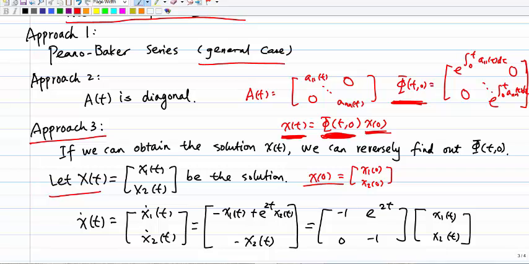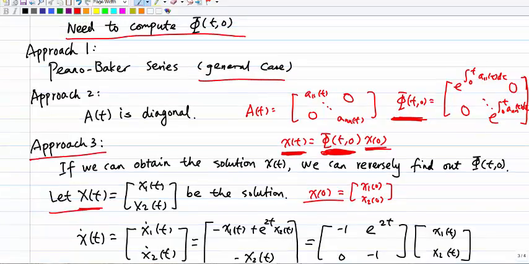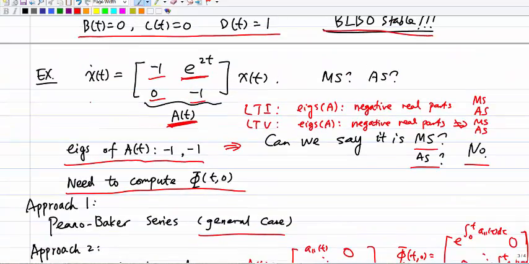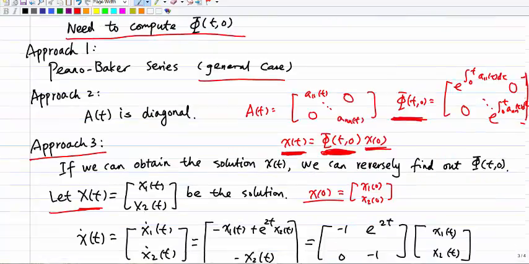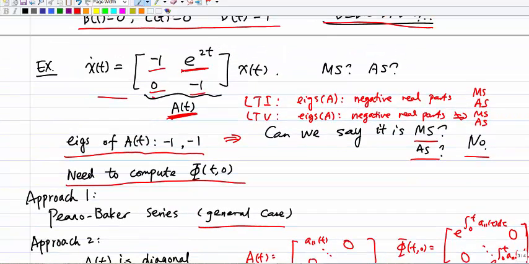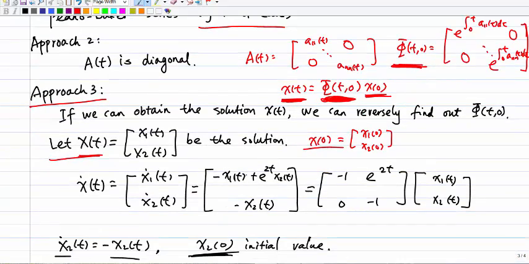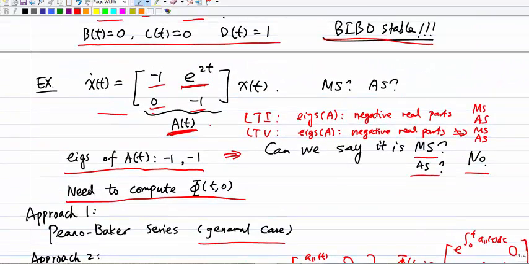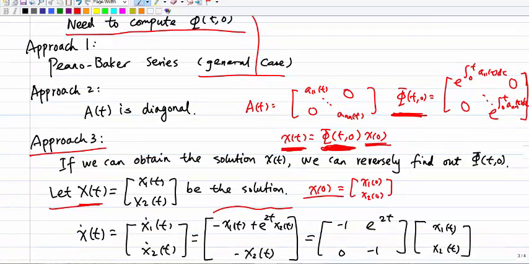I want to find my solution x(t). My solution must satisfy this equation, which means x dot(t), which is x1 dot(t), x2 dot(t), is equal to, on the right hand side, this matrix times x(t). So this part is nothing but the product I computed, this term.